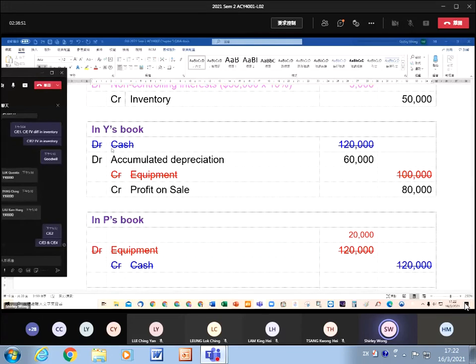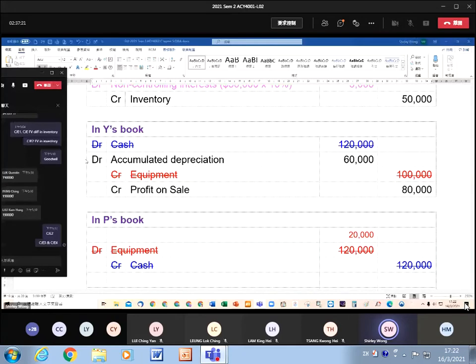In return, it will debit cash and credit profit on sales. In Peace's book, when it acquired the equipment, it will debit equipment and credit cash. Therefore, cash and cash will be eliminated, and accumulated depreciation and profit will remain, and then the equipment, credit and debit. When you compare, credit is 100,000 while debit is 120,000. After the elimination, it will still have debit equipment 20,000.